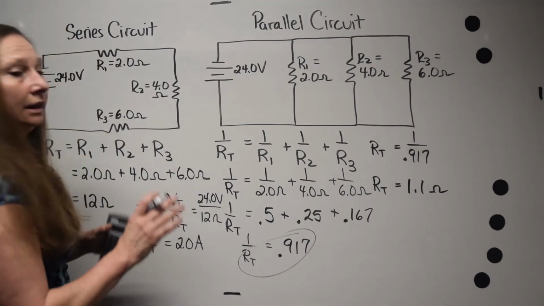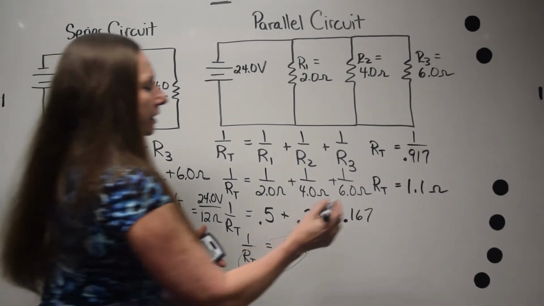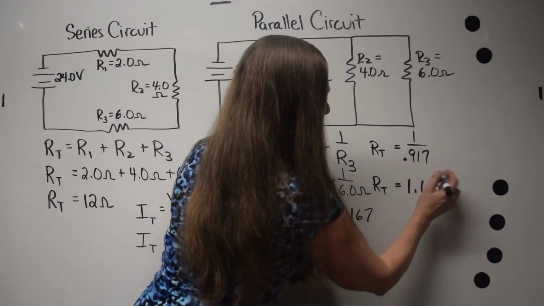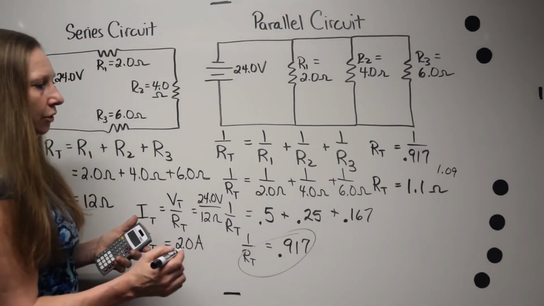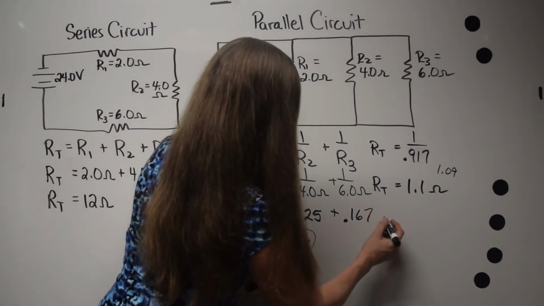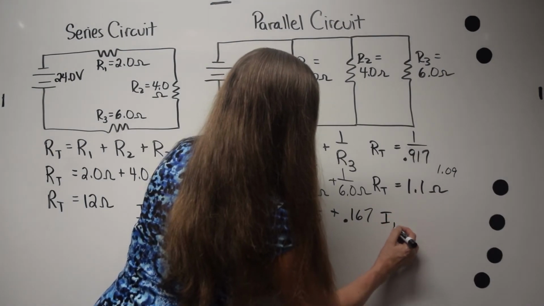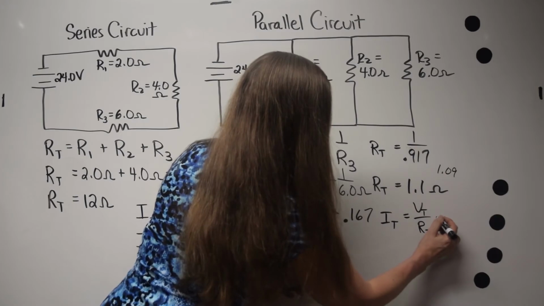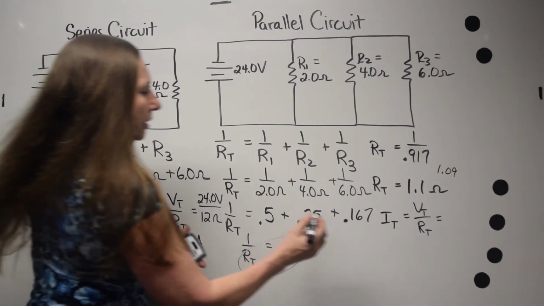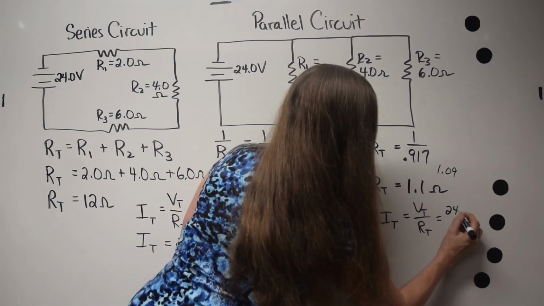Okay, now, let's find the total current. To find the total current, I will revert back to 1.09. All right, so I total is equal to V total over R total. The total voltage, 24.0 volts.